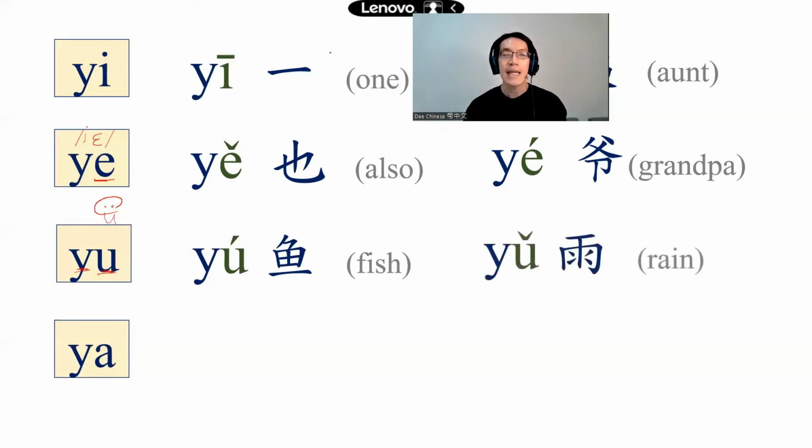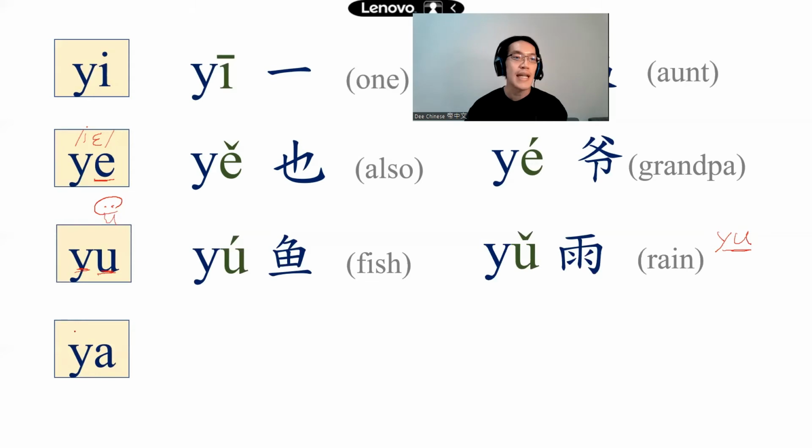The next one is yu, yu means rain. If I don't write the 2 points, can I pronounce you? Actually, no. The sound of you doesn't exist in Hanyu Pinyin or in Chinese. Only yu exists in Hanyu Pinyin and Chinese.